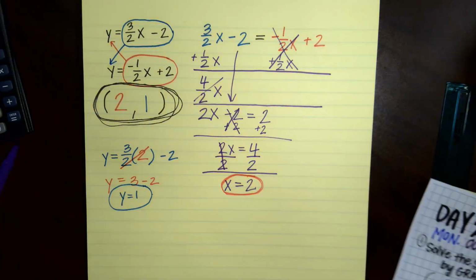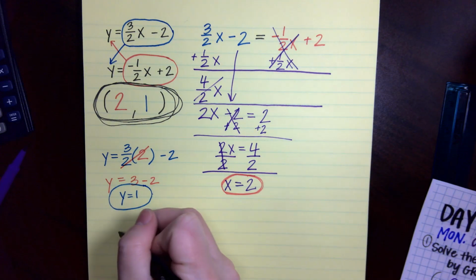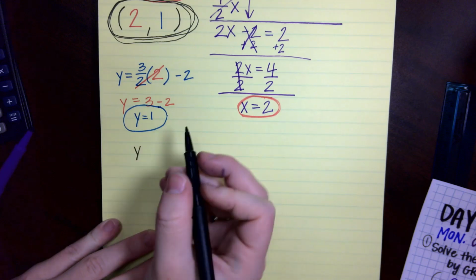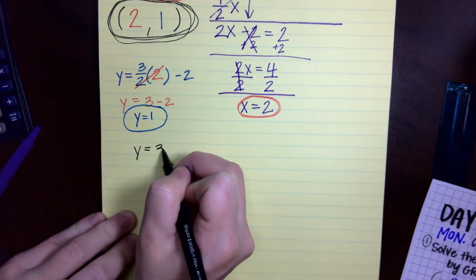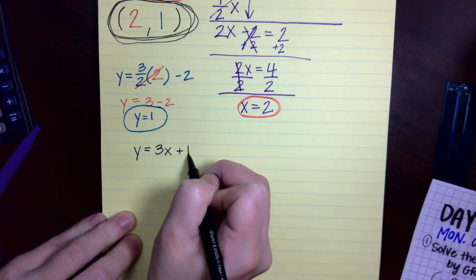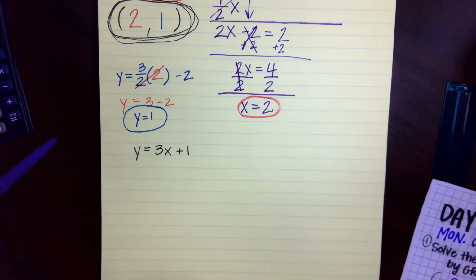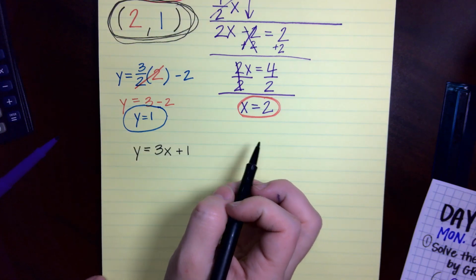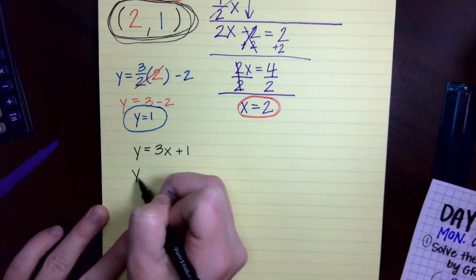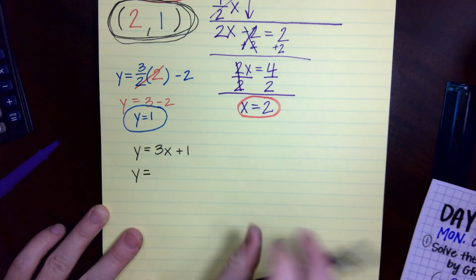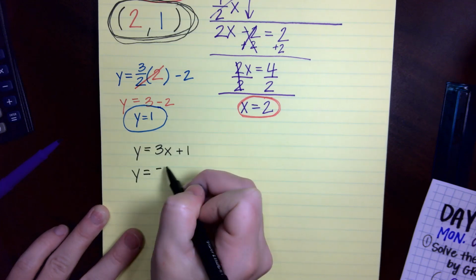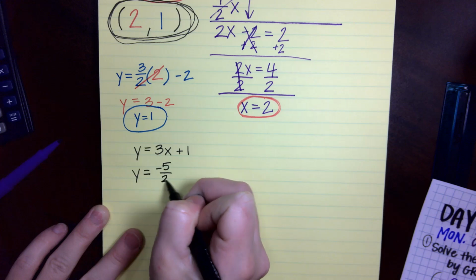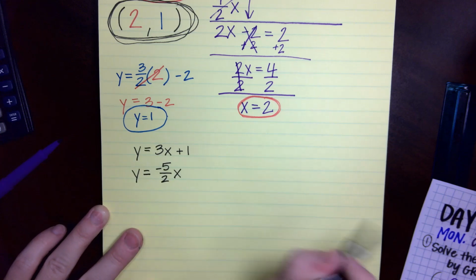So I've got y equals 3x plus 1 and y equals -5/2 x plus 5.